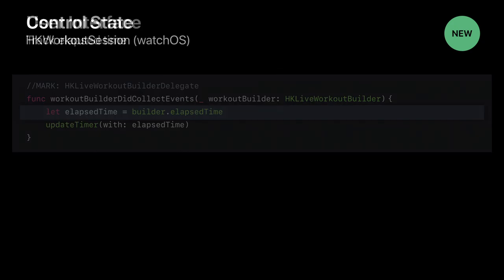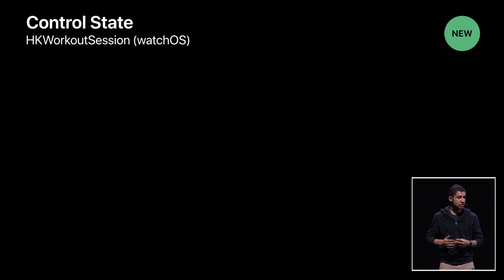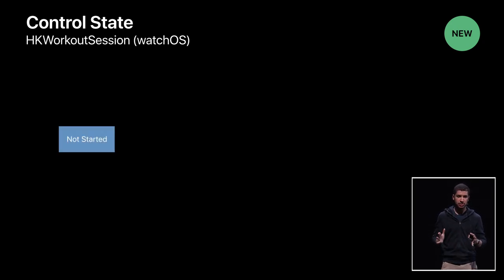Next, let's see how we can control the state of the workout. So first, I'd like to talk about all of the different states that the workout session can be in. And the first one is not started. So here, the workout has not started yet, and the user is not performing the workout.